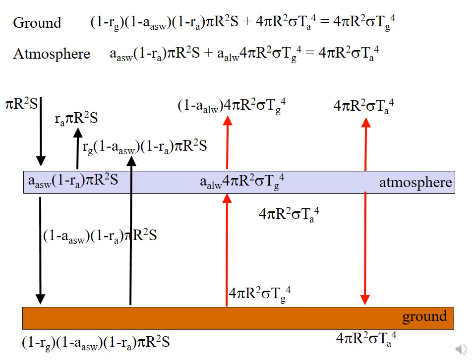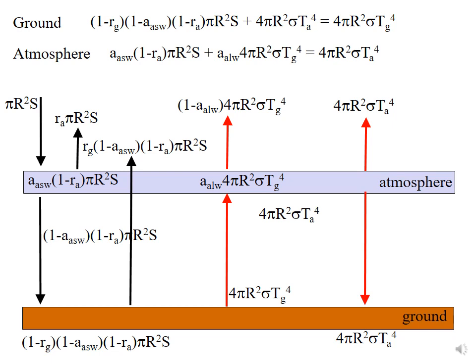So if I look down at the ground, there are two streams of radiation that are being absorbed, one shortwave and one longwave. In this equation, you can see that the amount of shortwave radiation being absorbed is the first term.